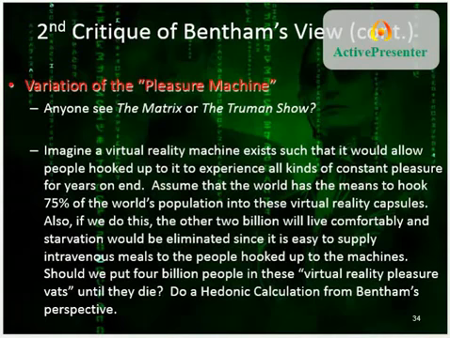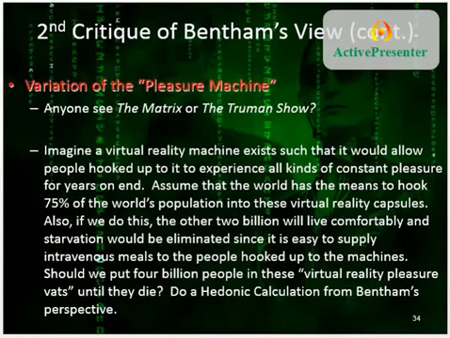Now, Pojman gives this example of the pleasure machine in his chapter, so you have an option of answering this question for the discussion board. Basically, he says this: imagine a virtual reality machine exists such that it would allow people hooked up to it to experience all kinds of constant pleasure for years on end.